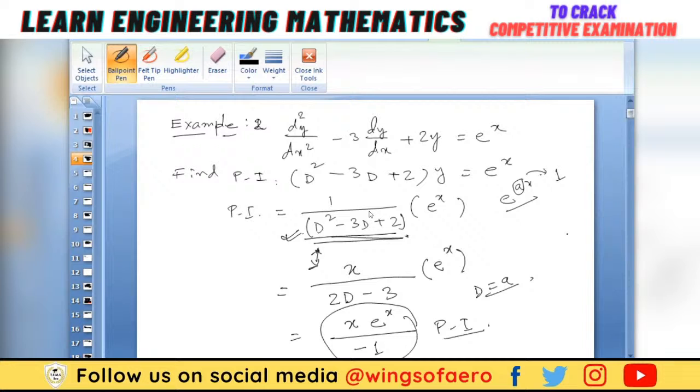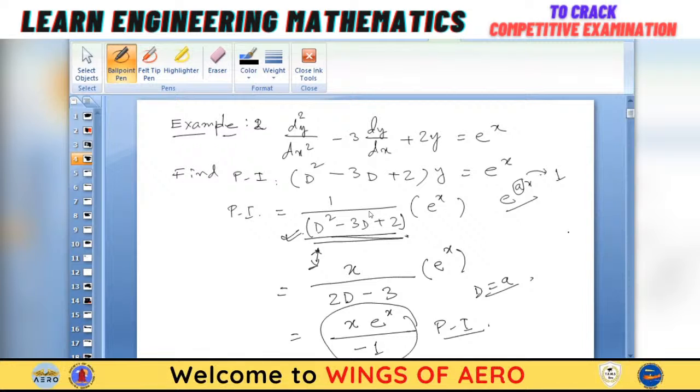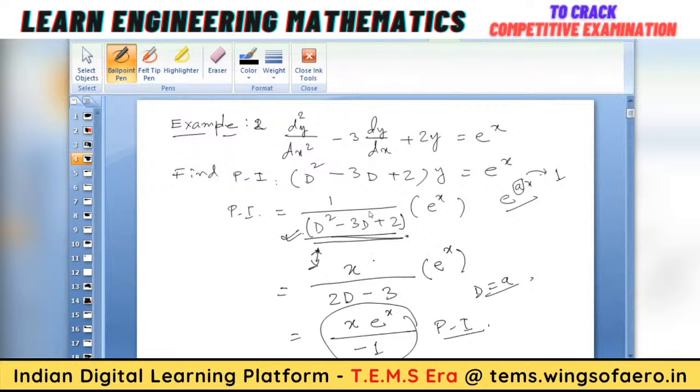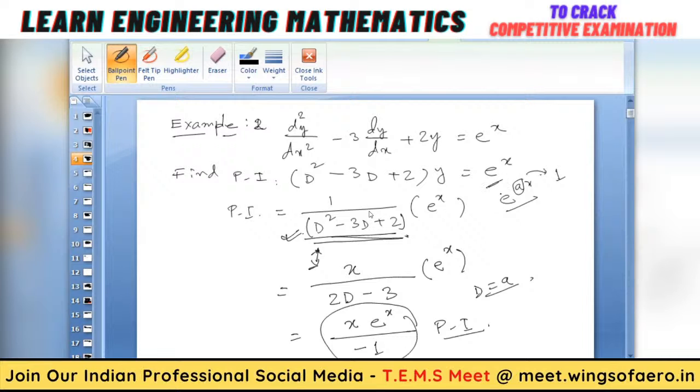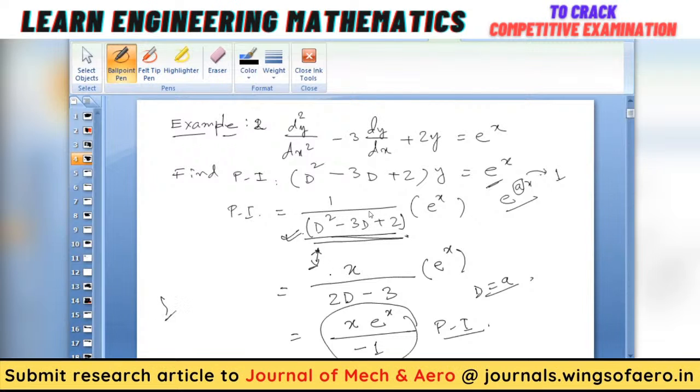These formulas are arrived at by some other theorems, and there is a particular method to find out this PI. Actually, there is an integral method. That method is very long. This is just a formula, just a trick to find it.